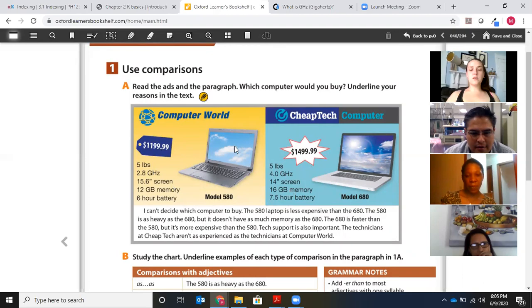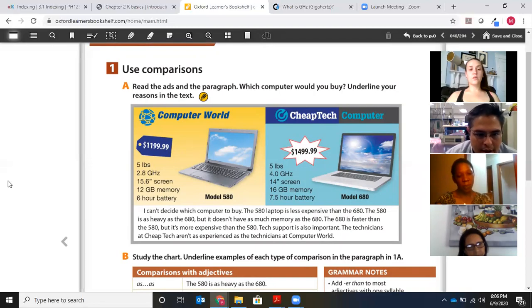Luis, would you mind reading about this first computer? Computer World. $1,119.99. 5 pounds. That's okay. 2.8 gigahertz. Good. 15.6 inch screen.